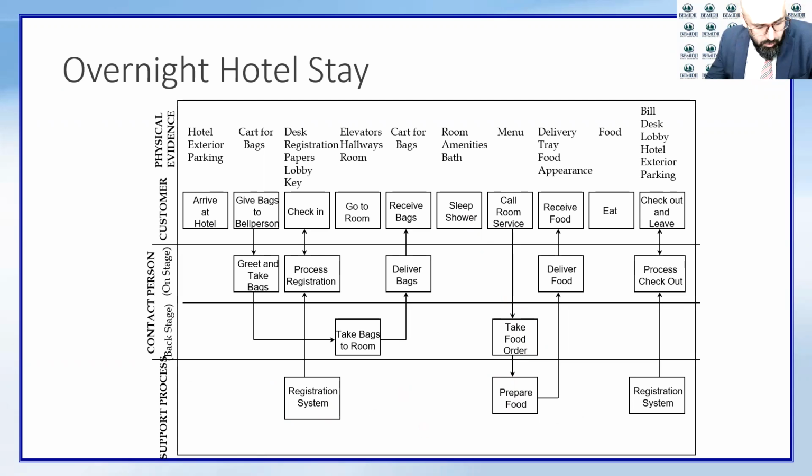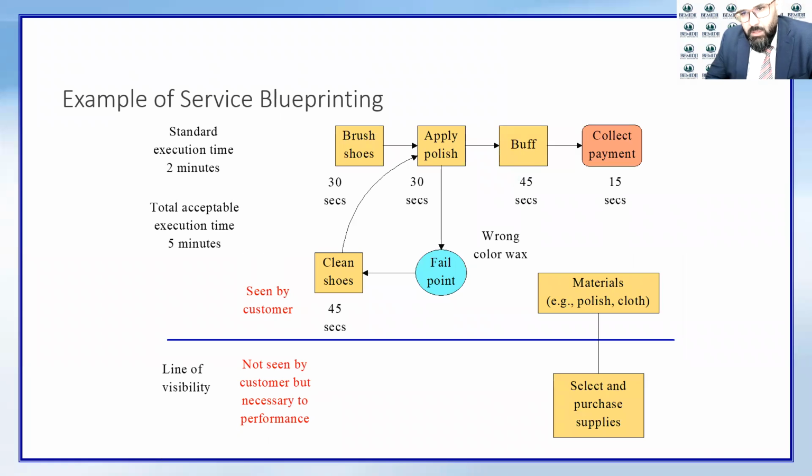Another example for the blueprint would be here, an example of a service blueprint for a shoe shine service. So we have, from a customer perspective, what we have to do: brush, these are the activities. And what we did, we added some time as well.